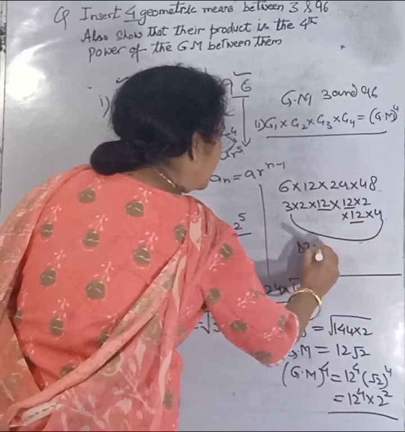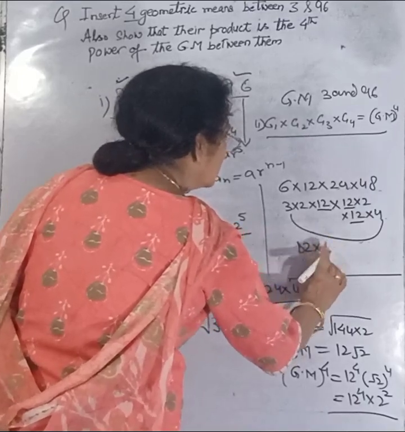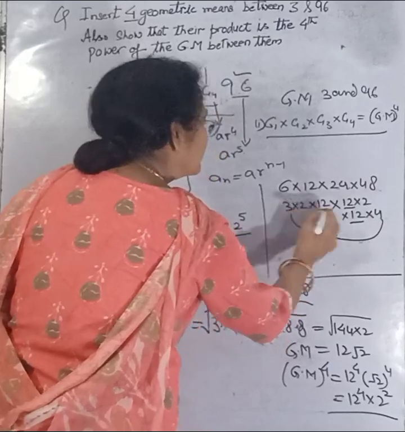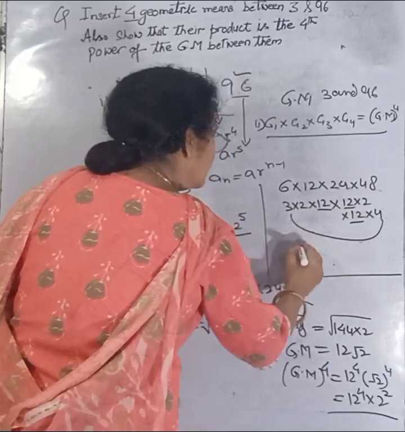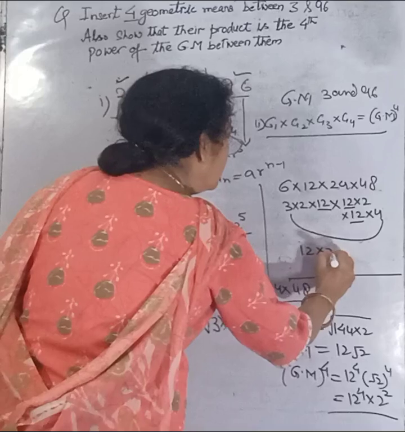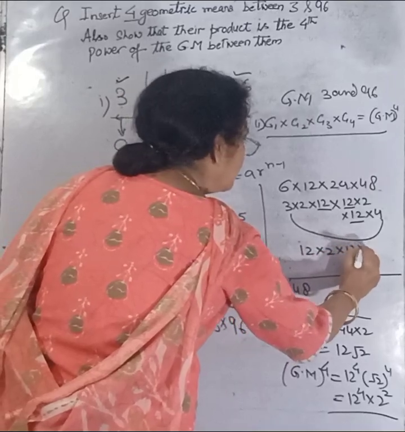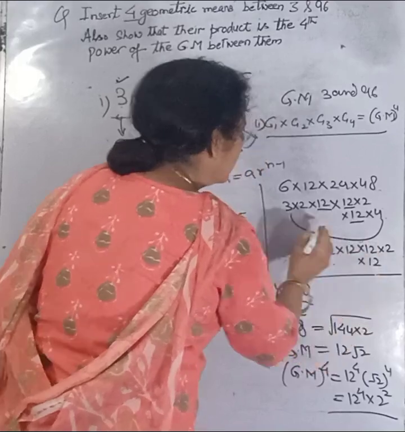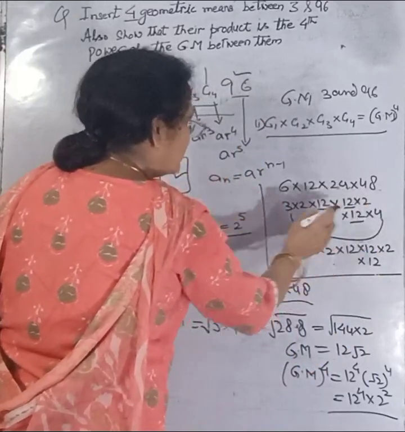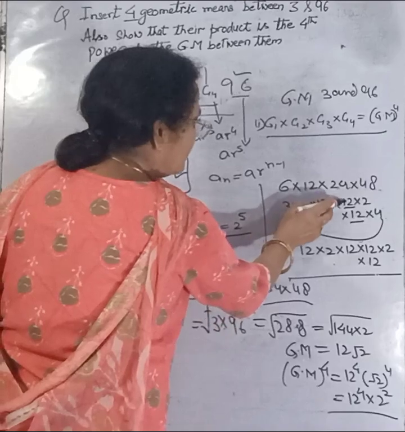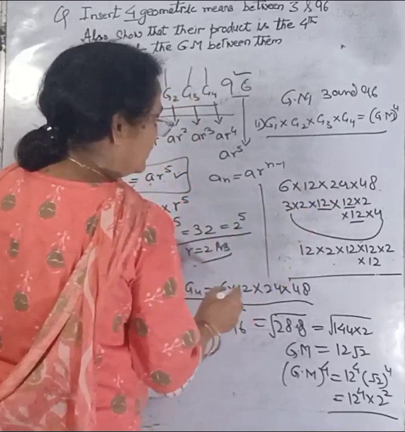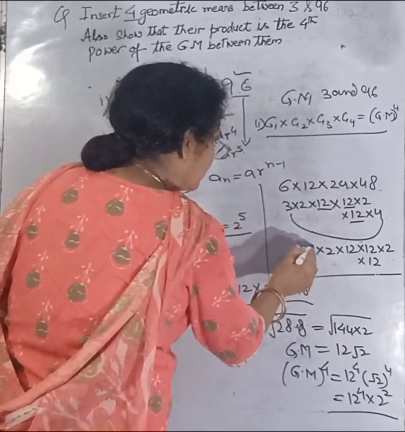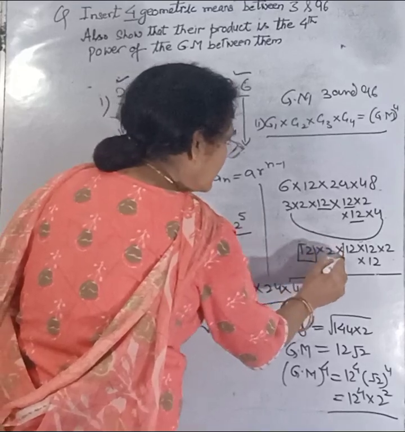It means 12 into 2 in place of this 4 and this 3. 12 into 2 into 12 into 12 into 2 into 12. We are having 12 to the power 4.